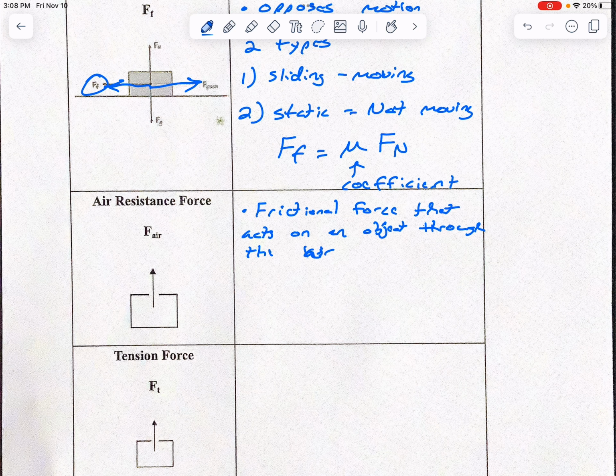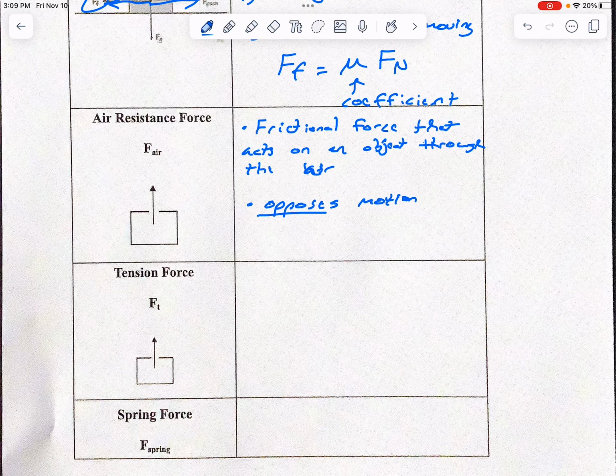If you drop something, it's not in contact with anything and it's not rolling on the ground, so there's no real friction there. But you're going to have air resistance, which is kind of like friction, there's just not a material there. So it opposes your motion as well. Think of skydivers. Be thankful that there's air resistance, because when you pop your parachute, if there wasn't air resistance, it wouldn't do its job.